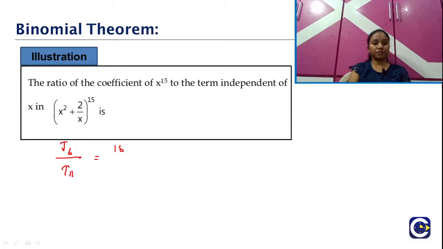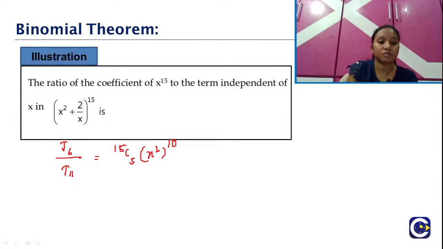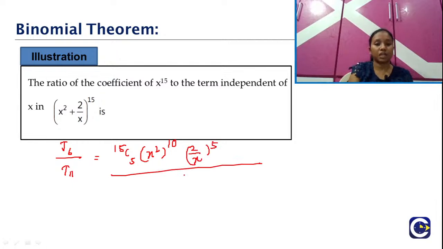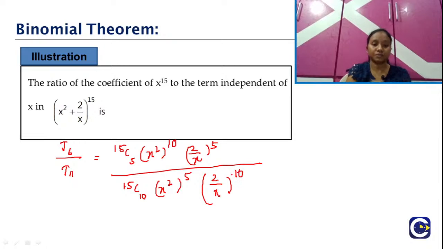That means 15c5 x square, 15 minus 5 will be 10 here, 2 by x whole power 5, divided by 15c10, x square whole power 15 minus 10, it will be 5 here, and then 2 by x whole power 10.